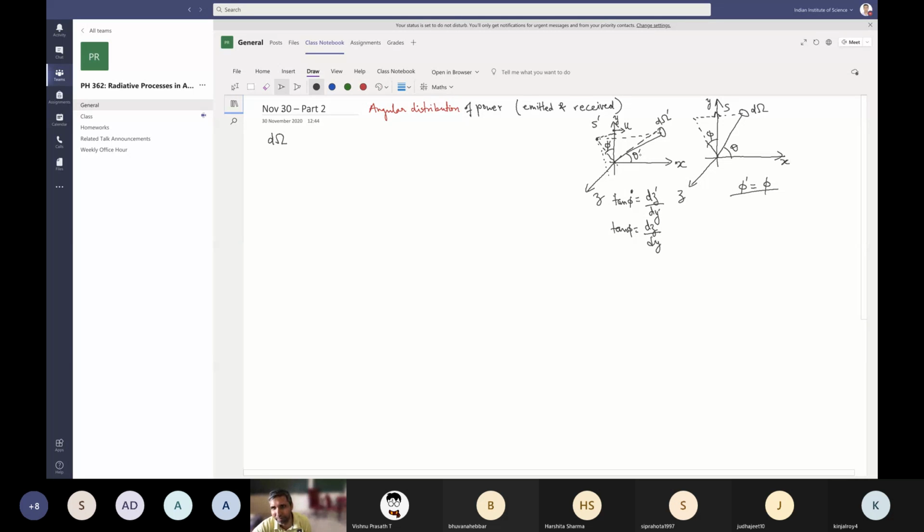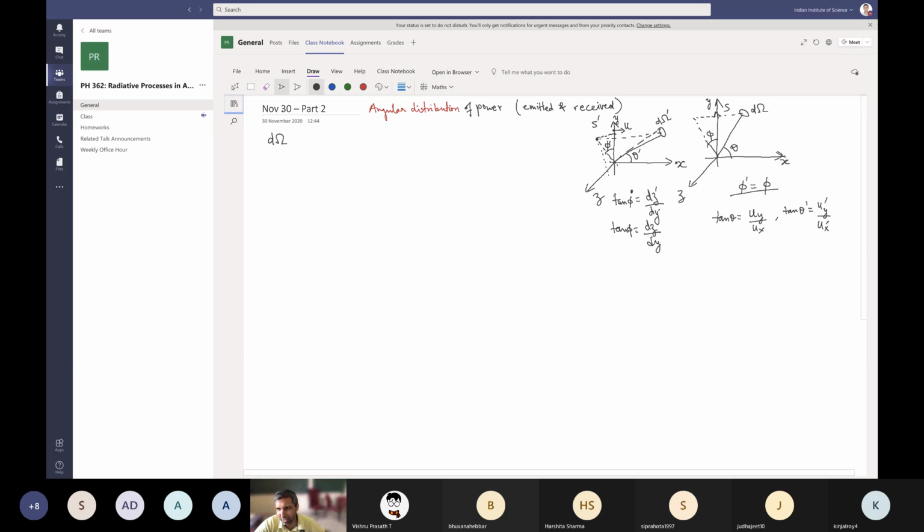What about angle theta prime? Theta prime does change, and in fact we have talked about this angle theta prime in the aberration formula, if you recall. We did this: tan theta is equal to uy by ux, the velocity in the y direction and x direction, and tan theta prime is equal to uy prime by ux prime. That's the angle theta.